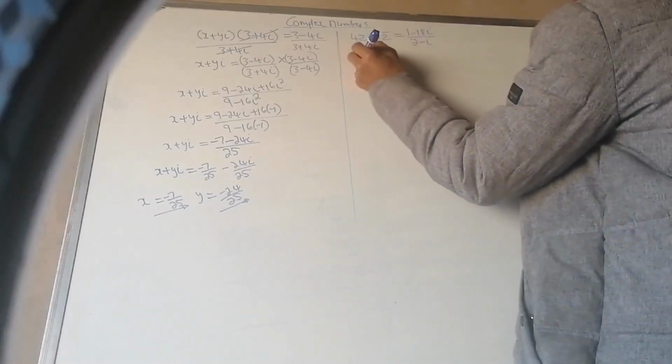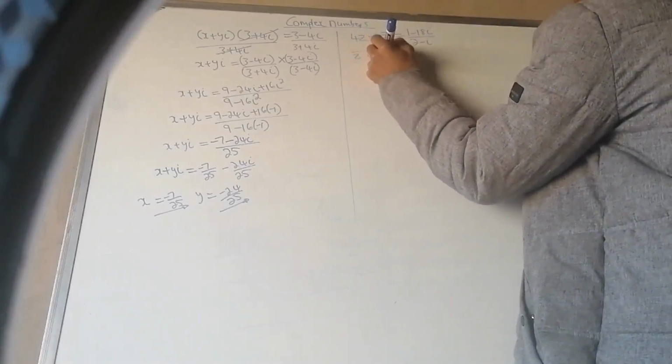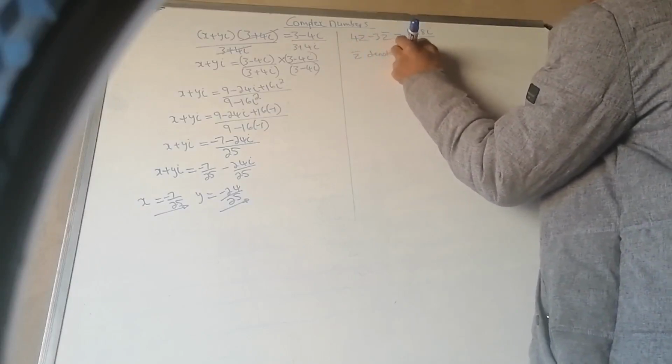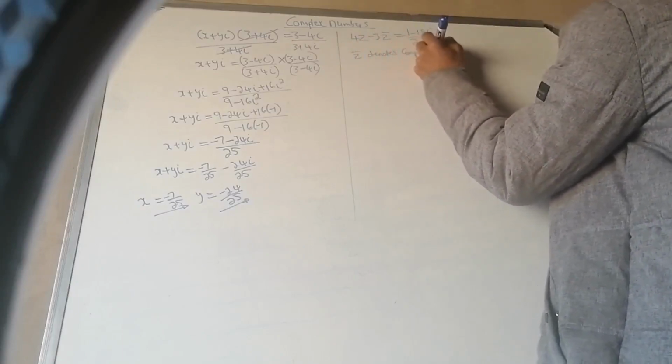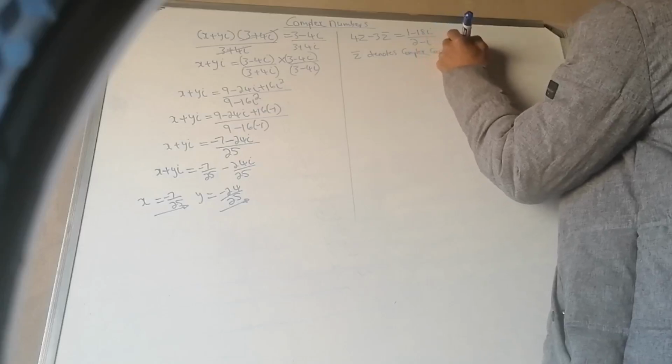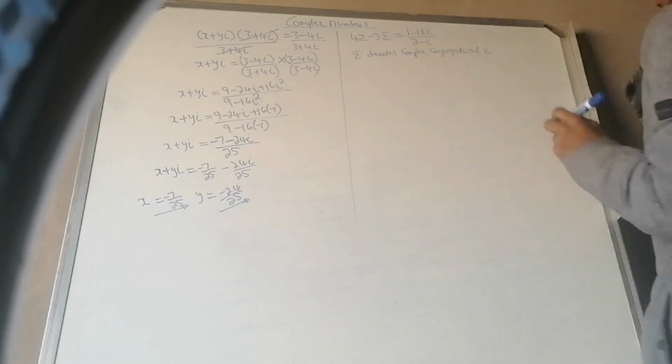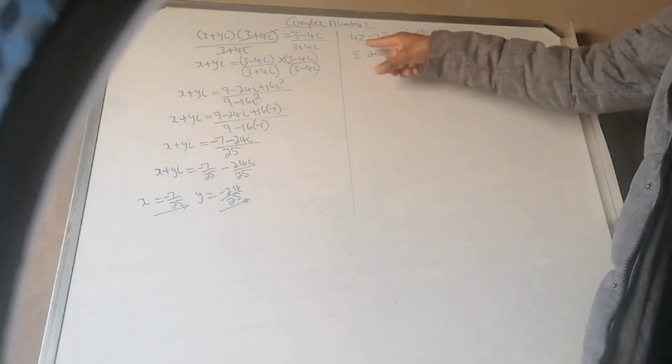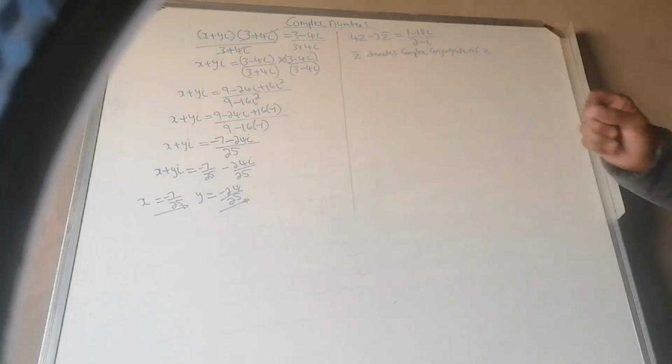So they tell you that z line denotes the complex conjugate of z.